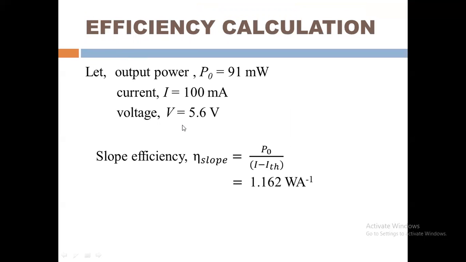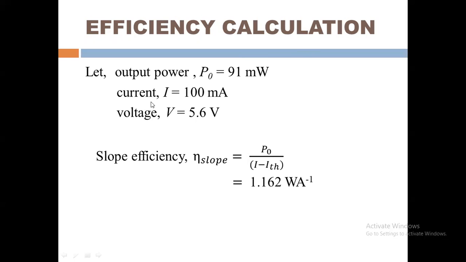Next, we have calculated efficiencies of the laser, and these efficiencies indicate how the laser operates properly, efficiently and effectively. For efficiency calculations, we have assumed some values like output power, which is 91 milliwatt, and it has a good connection with my student ID.